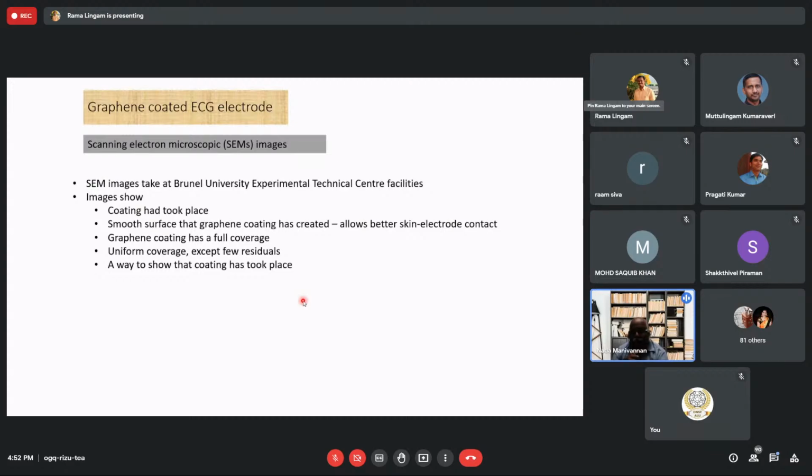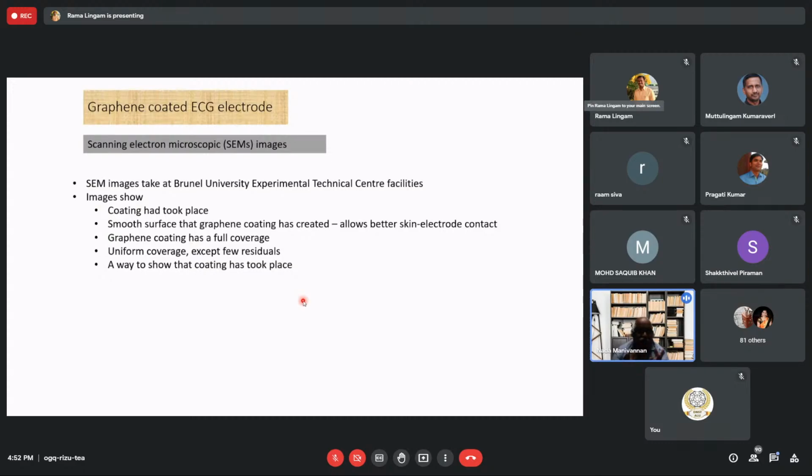Kumar, my previous presenter, probably knows much better than me about the microscopic and experimental techniques facilities we have at Brunel. But I know there is a center called the Experimental Techniques Centre, ETC, where we can use various scanning electron microscopes.